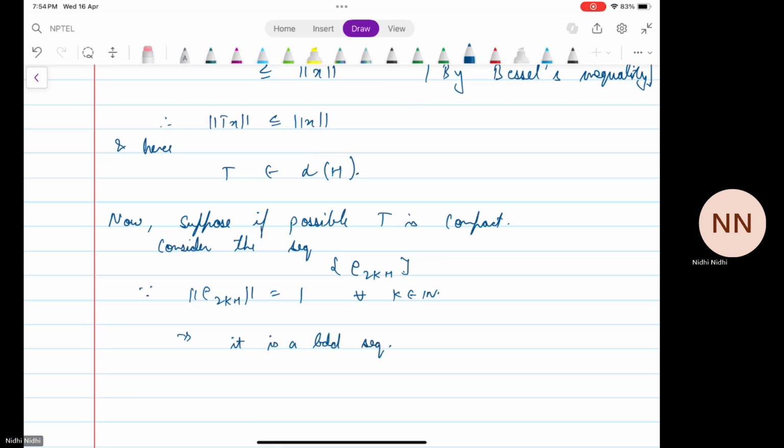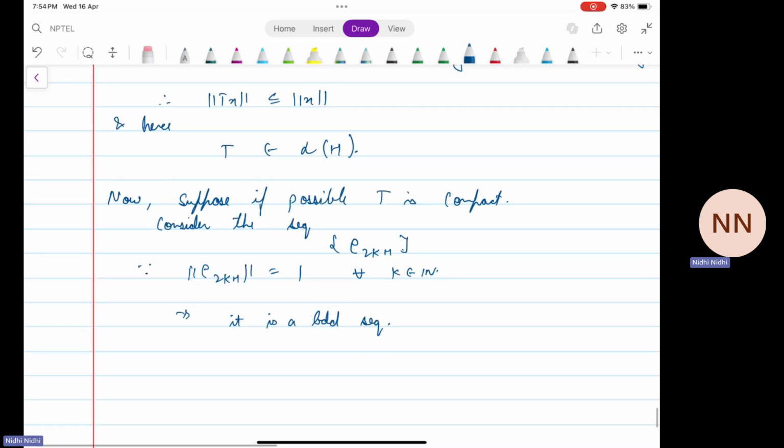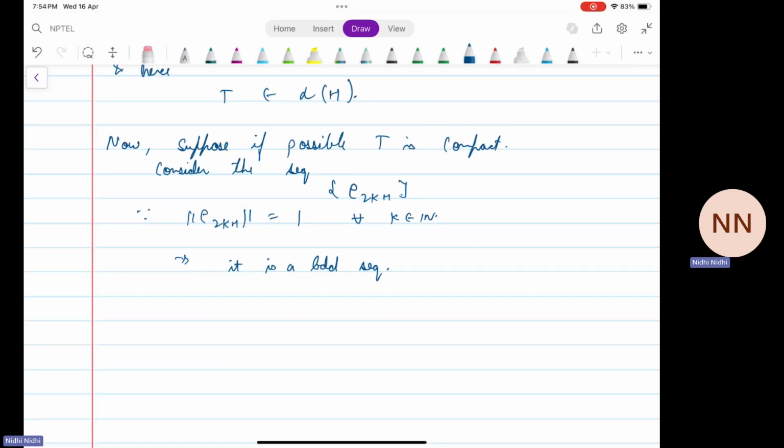Now, since T is compact, therefore T applied to e_{2k+1} must have a convergent subsequence.